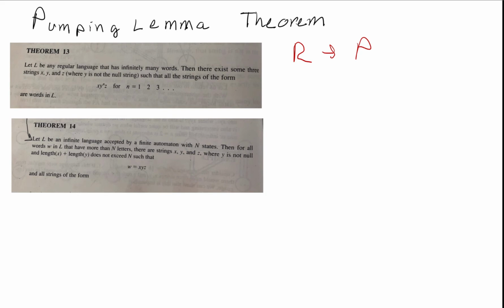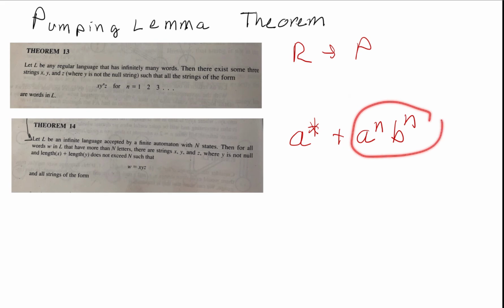Now, sometimes the weak version of this pumping lemma theorem doesn't always work. For example, we have a language like A star or A to the n, B to the n. Just so you know, this is not part of the regular expressions. You cannot have these exponents in regular expressions. But it does give a good idea of what I mean by the language: any number of A's, or one of these words that has an equal number of A's and B's in it.